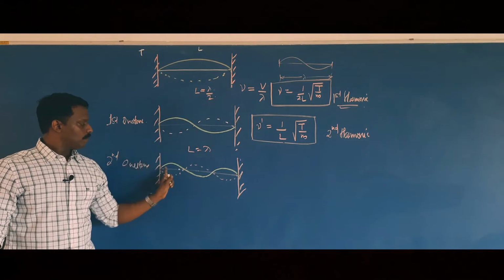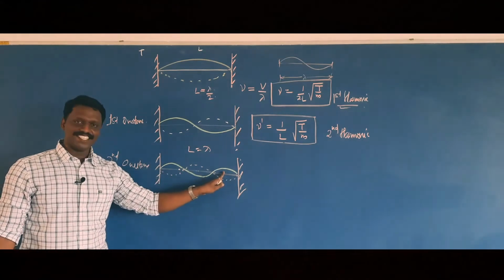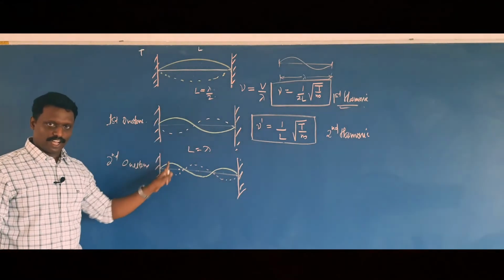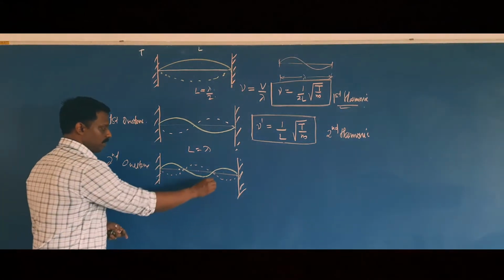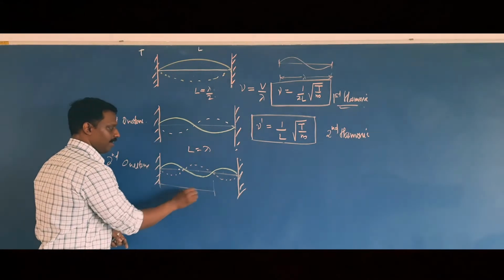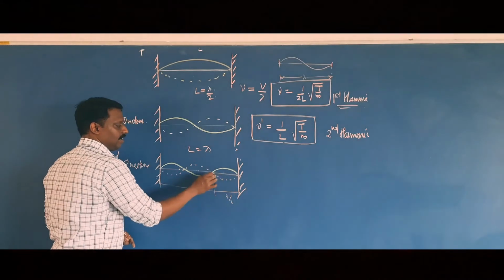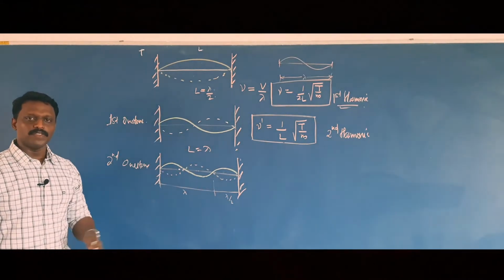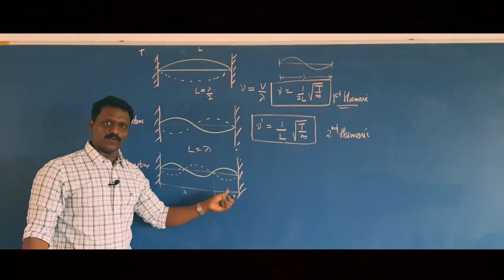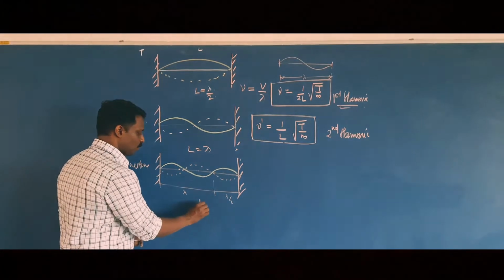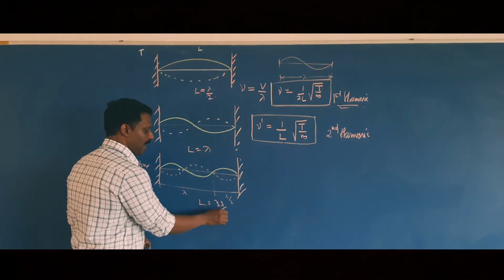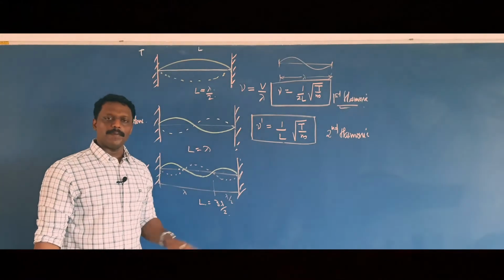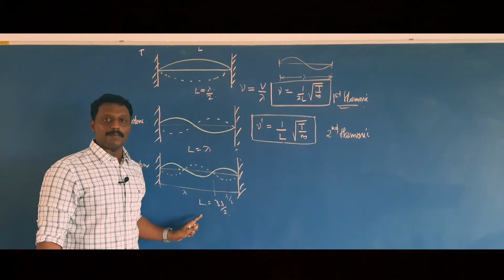So we have 4 nodes and 3 antinodes in the next higher mode of vibration. So this distance makes up lambda, and the remaining distance is half the wavelength, lambda by 2. So lambda plus lambda by 2 will give 3 lambda by 2. So the length of the string is 3 lambda by 2. That means lambda will be equal to 2L by 3.